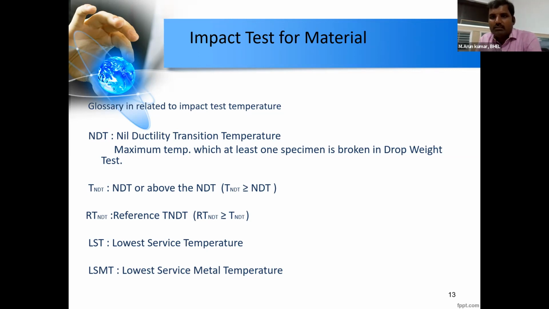They establish this RTNDT at their works based on the drop weight test. For example, they establish minus 30 degrees Celsius as the RTNDT temperature at their works, and we get the same coupon.